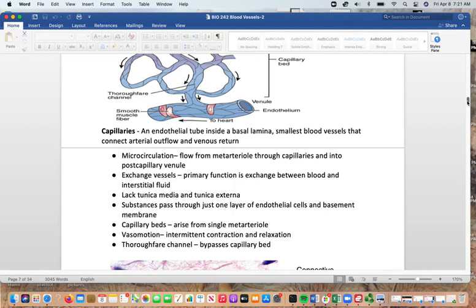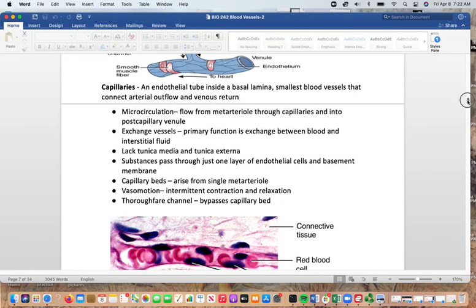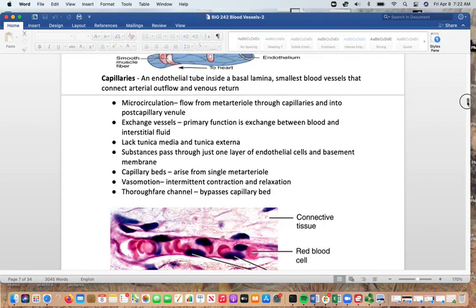So you can exchange gases and nutrients between the bloodstream and the interstitial fluid. The tunica media and tunica externa are non-existent in capillaries. So the substances only have to pass through the layer of endothelial cells and the basement membrane. That's it. Capillary beds will arise from just a single meta-arteriole.